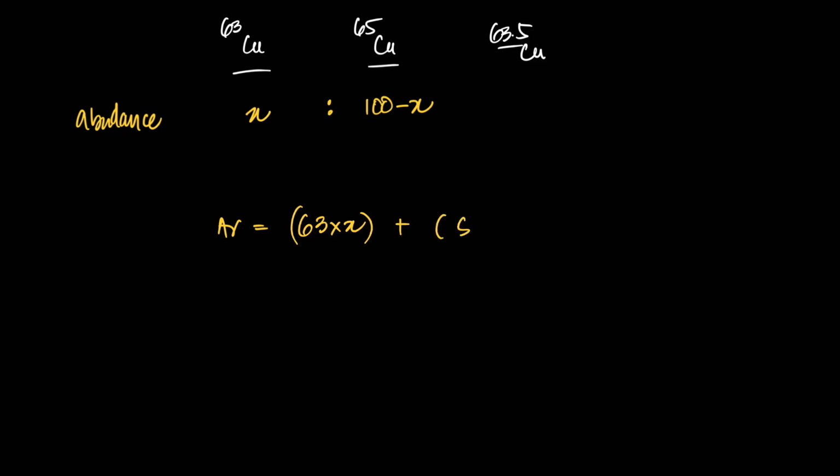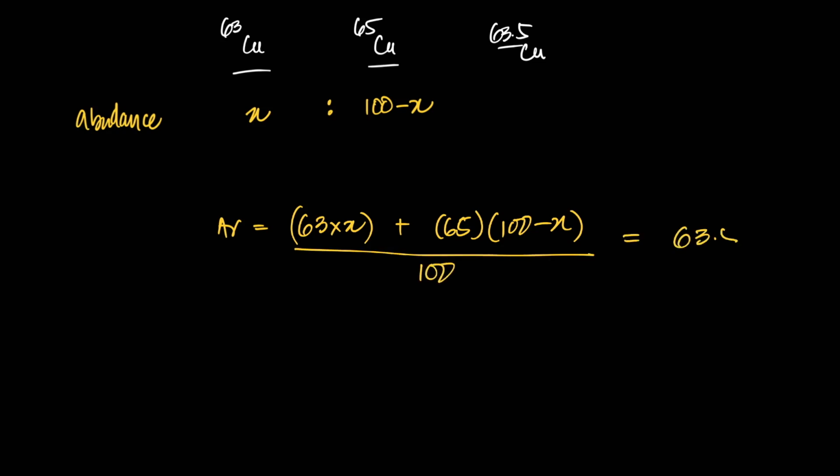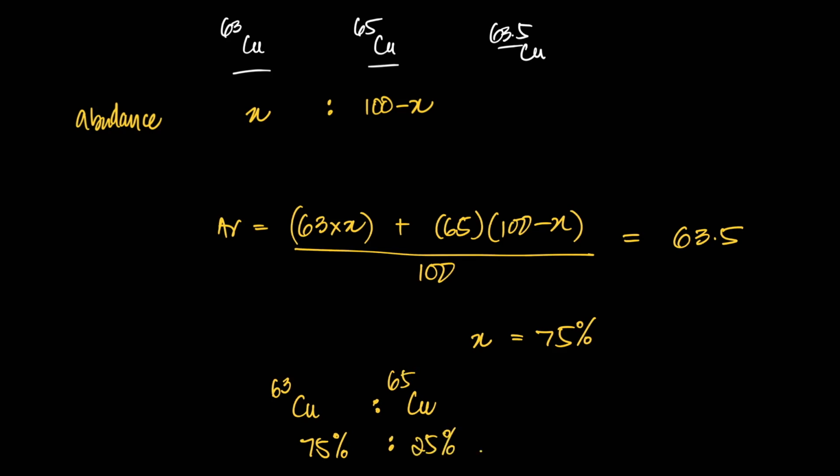So 65 times (100 minus X), and the whole thing over total abundance, which is 100, should equal 63.5. I can solve this for X. When I solve it, X comes out to 75%, which means the abundance of the 63 isotope is 75%. So for the 65 it would be 100 minus that, which is 25%. All right, and so you can work that out also.